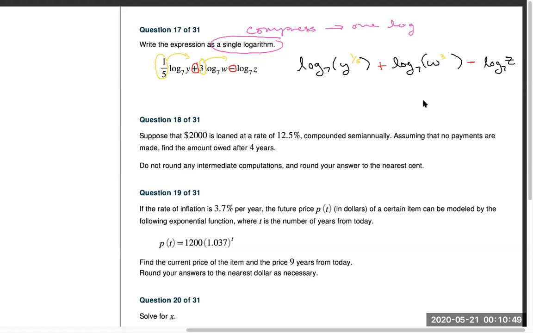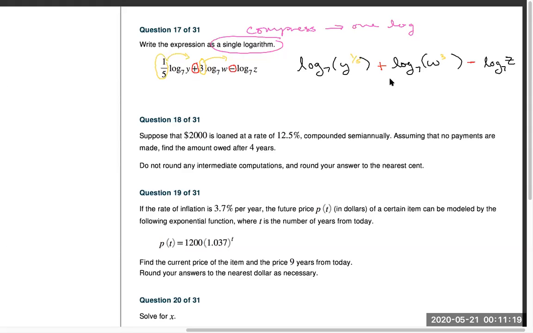Now, if you're already comfortable with this, you can use this knowledge, but basically you only need to write one log from here. Any logs with positives in front, they're going to be in the numerator. Any logs with negatives in front, denominator, and you're just using the arguments, putting them in the top or bottom. But let's do it step by step, as always, just to make sure we get it.